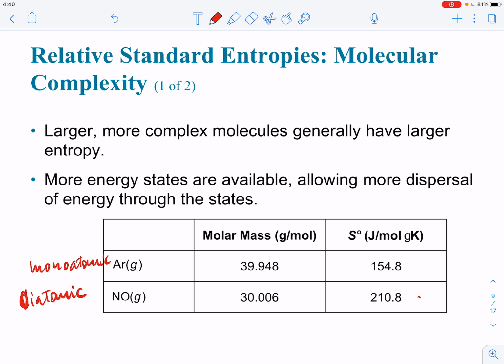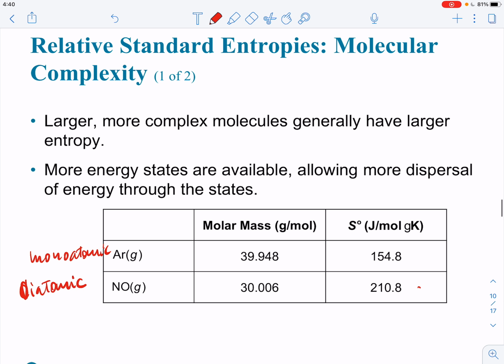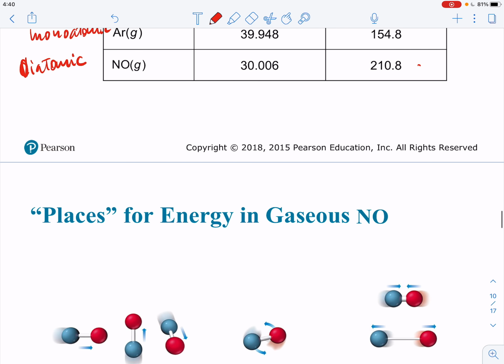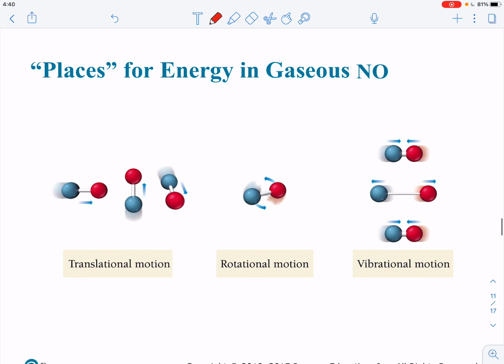Still, the entropy for nitrogen monoxide is larger than for argon. So what is the explanation here? Those atoms are smaller. Technically, argon is 18, so those have a lower number of electrons than argon. So why is it possible that nitrogen monoxide will have a larger entropy than argon, since it has a smaller molar mass? So we have to take a look at the structure of nitrogen monoxide.